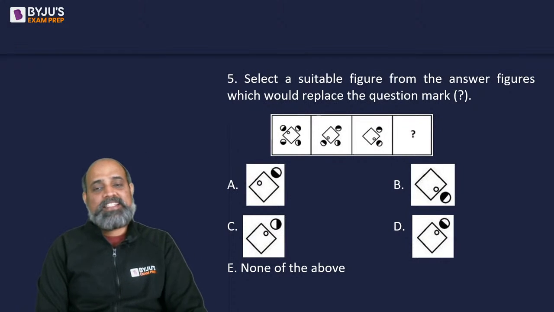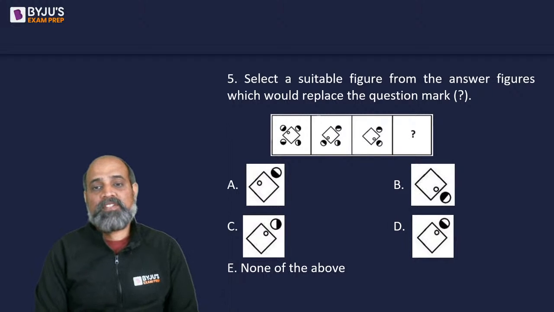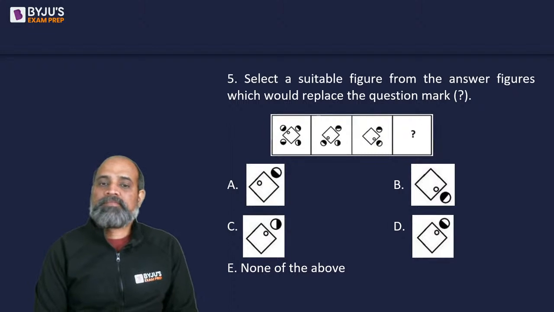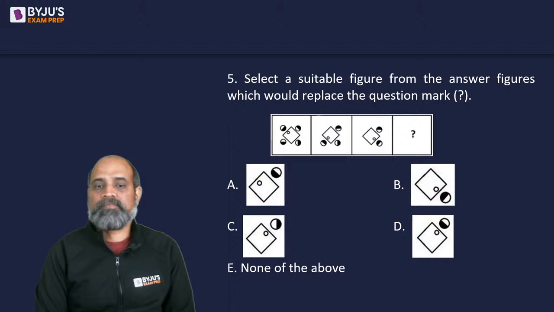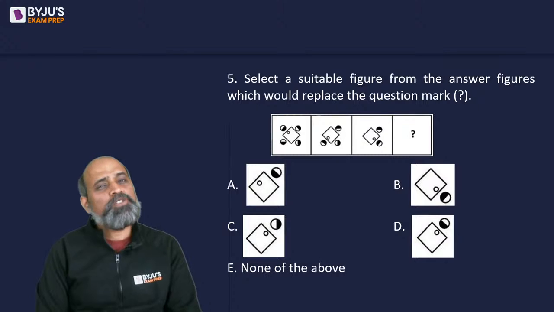Next one. Select a suitable figure from the answer figures which would replace the question mark. So there is some pattern going on. See, every figure is made up of at least 2 shapes.